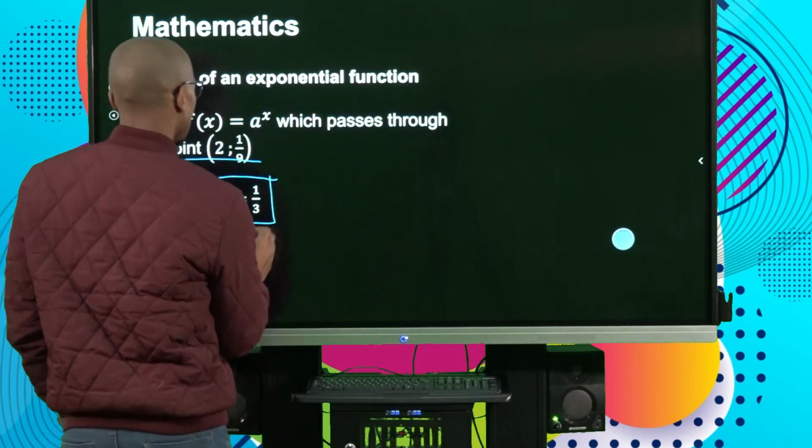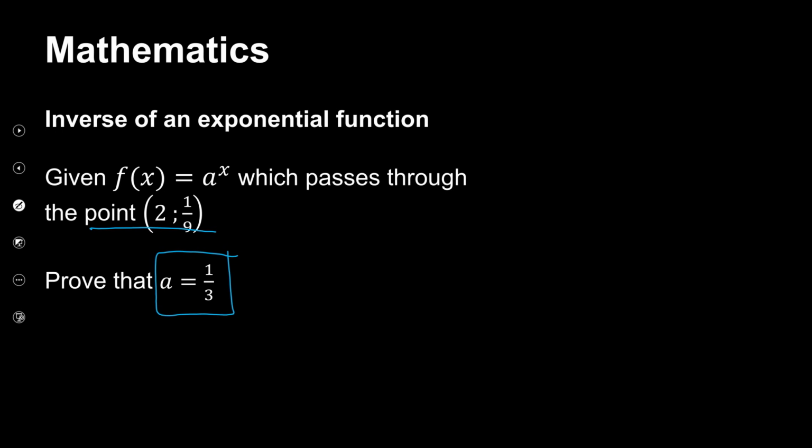So this will simply be 1 over 9 is equal to a to the exponent of 2. Remember this is a squared, not 9. Then I need to find the square root on both sides, and a will be equal to plus or minus 1 over 3.